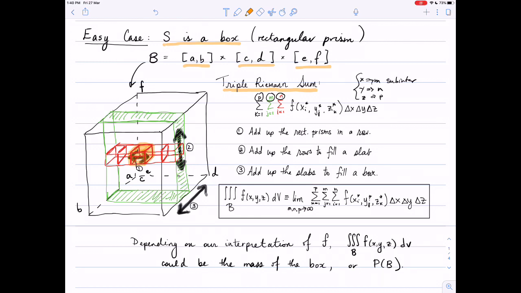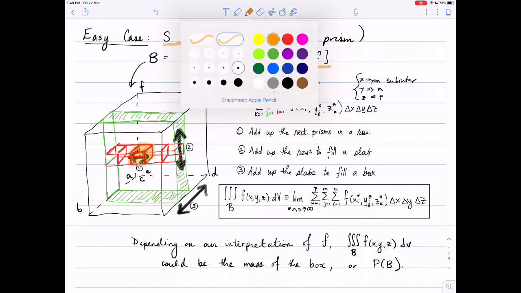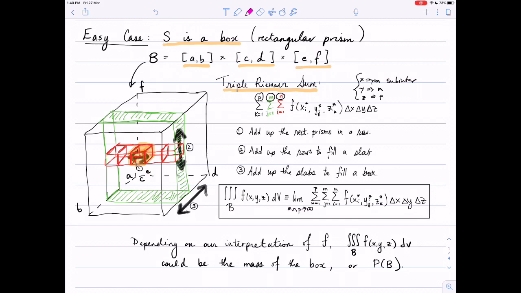And the first thing that you do, if we go in the order that it's written here, you look at the first Riemann sum, you're adding up the rectangular prisms in a row, right? So that means adding up all across this row to figure out the volume of a single row.